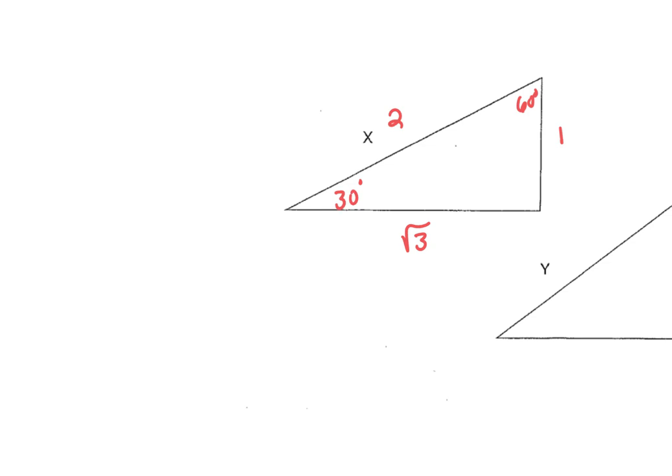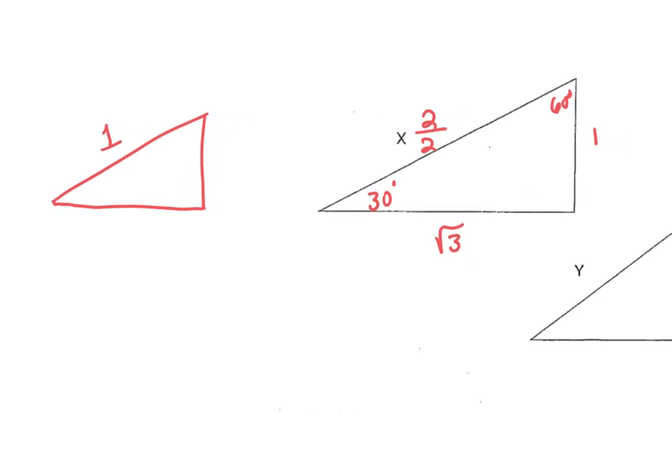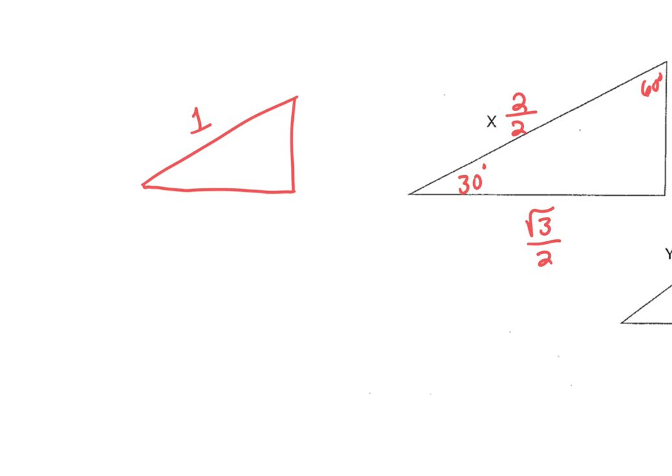So I need you to think about this particular triangle then. We basically have to rescale it, right? If we want this side to be a length of 1 rather than 2, it means we have to divide that side by 2 in order to get to the 1. So think about the fact that that means we're going to have to divide each of these sides by 2 also, right? So that corresponds then to this 30-degree angle, which is your yellow triangle.